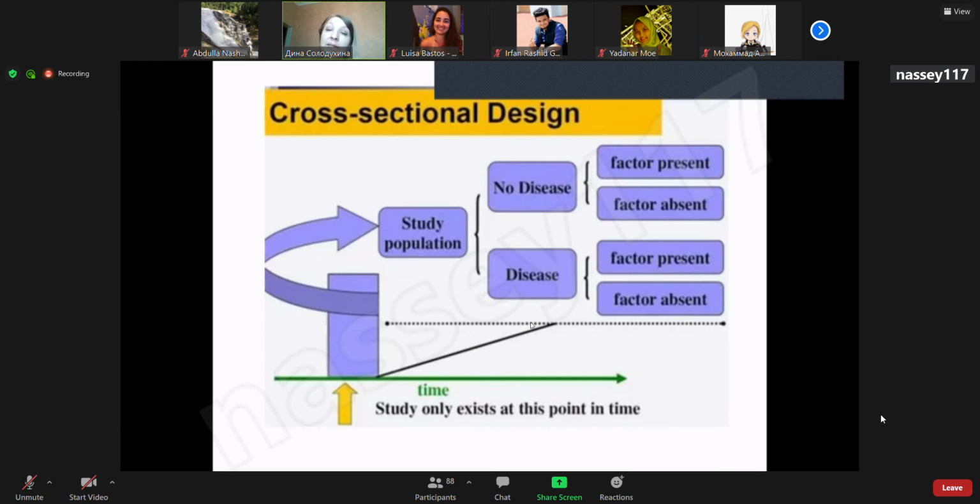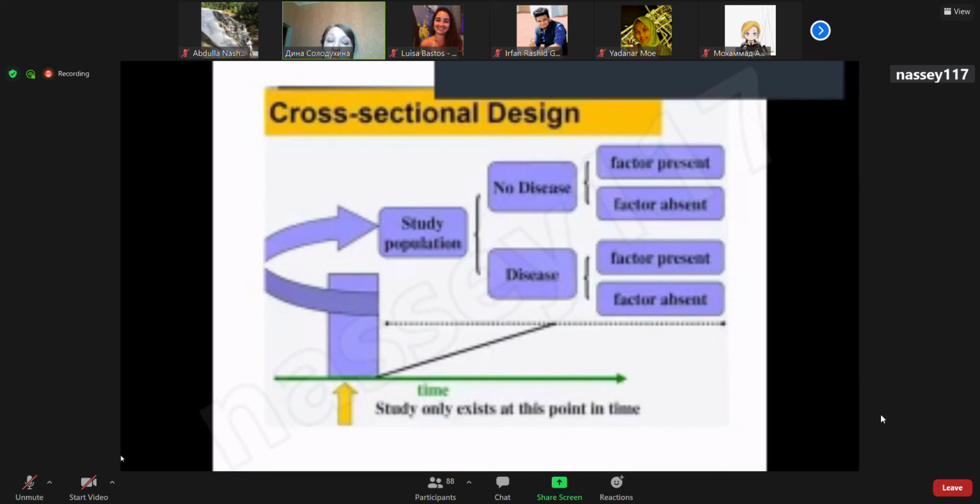Cross-sectional study to some extent is descriptive and can hardly be recognized as analytical, or used to draw conclusions about associations, but with some limitations. So these limitations must be clear.